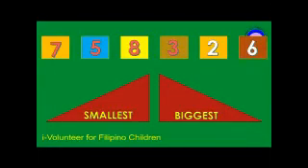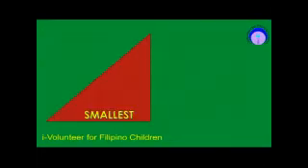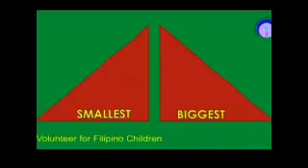Using these 6 digits, what is the smallest number that you can form? And what is the biggest number that you can form? This will be our lesson for today. In this video, we will be using the right triangle in order to demonstrate what is small and what is big.